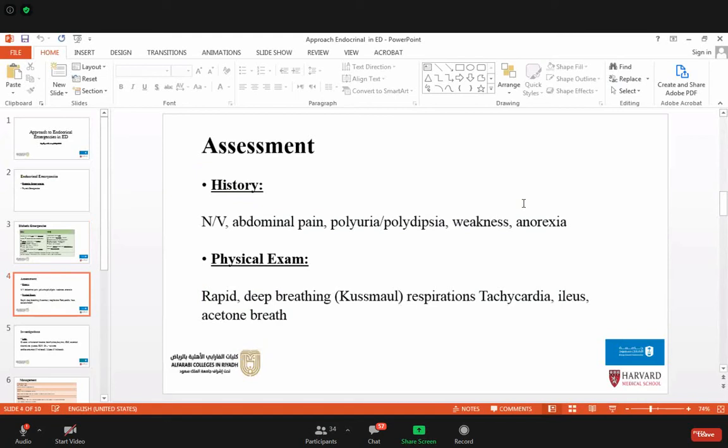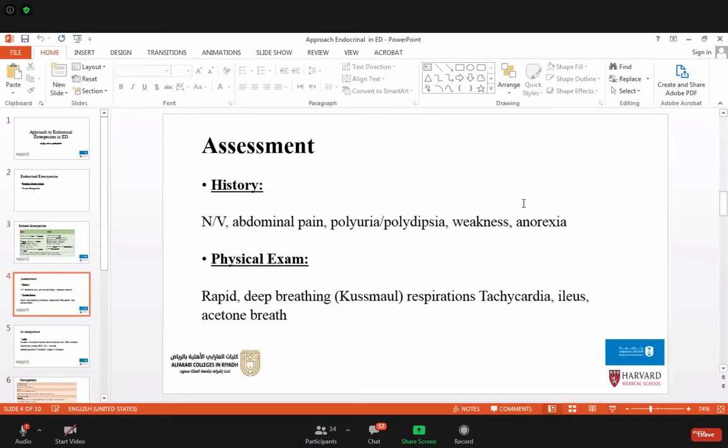As we said, they would probably have some nausea, vomiting, abdominal pain, and the abdominal pain usually epigastric or diffuse abdominal pain. And the three polys: polyuria, polydipsia, polyphagia. Weakness sometimes, and some fatigue symptoms, anorexia. Physical examination, you should check. Usually they would breathe, like the Kussmaul breathing is really characteristic.